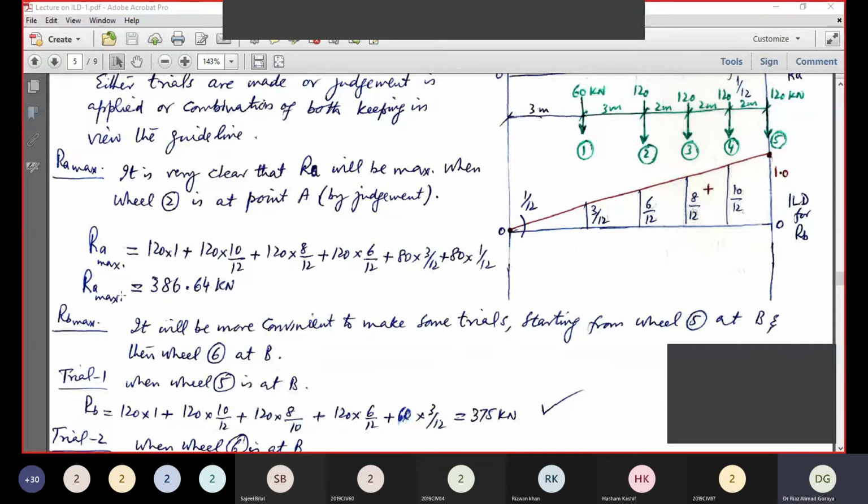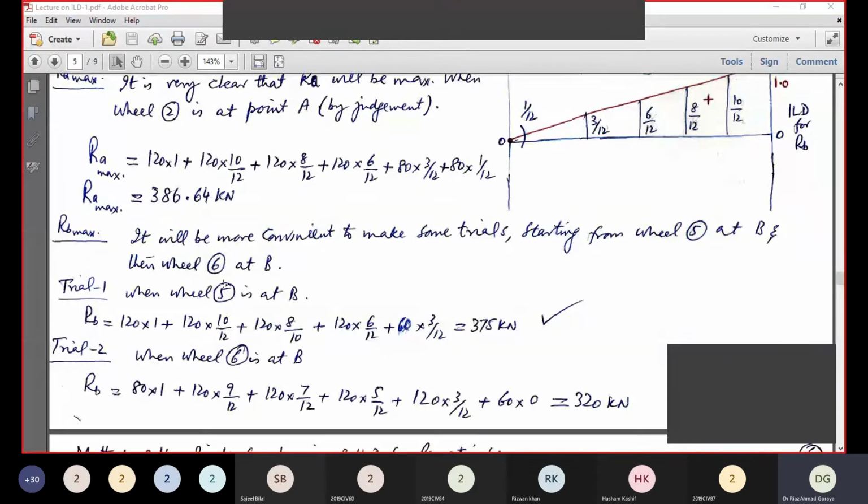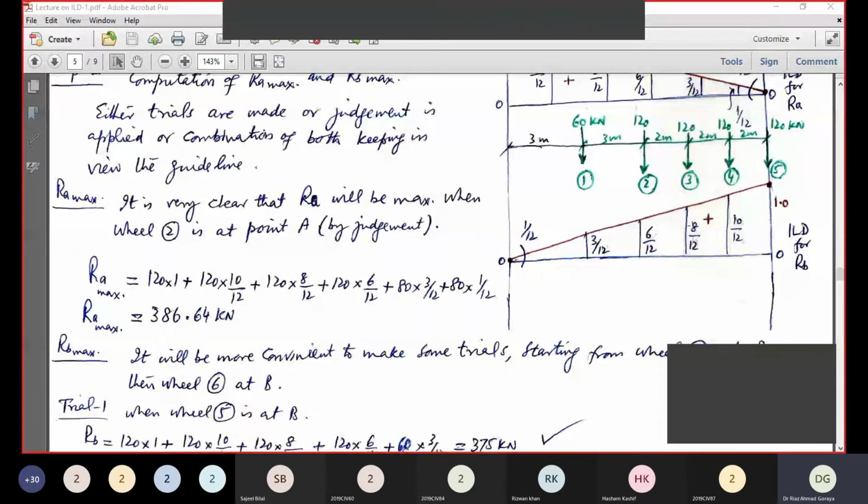So in trial 1, wheel 5 is at B, wheel 4 here, and again similarly the ordinates are computed with the help of slope and horizontal distances. So trial 1 will give us 375 kilonewton.